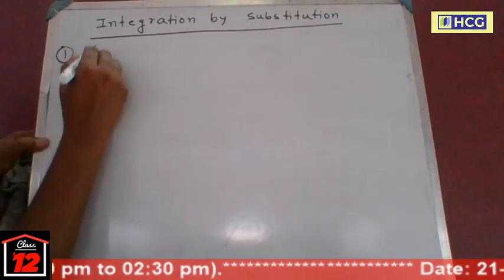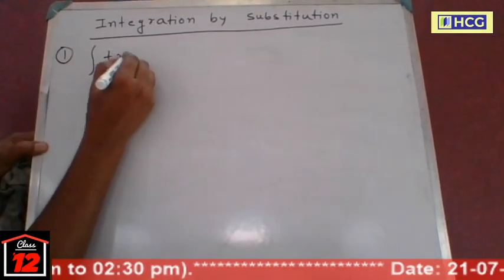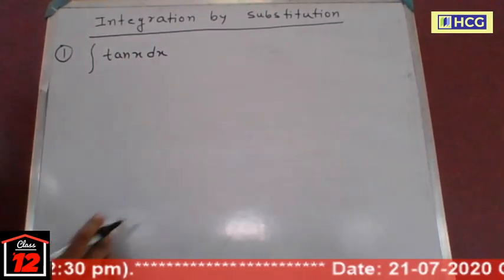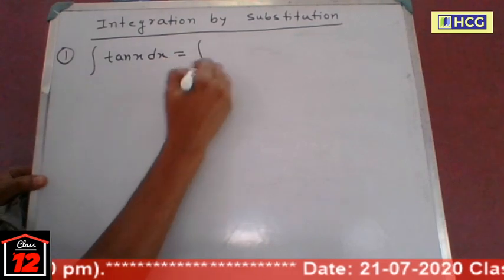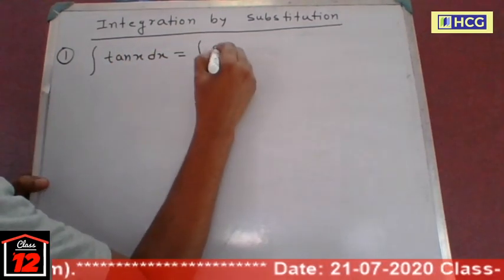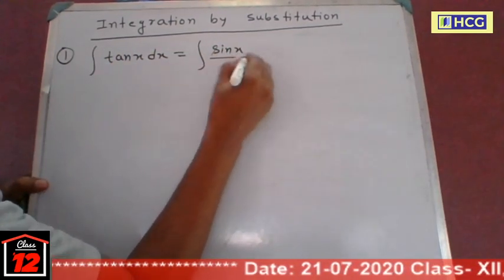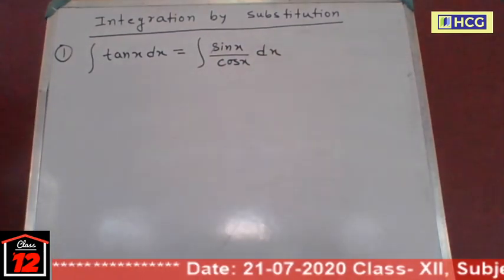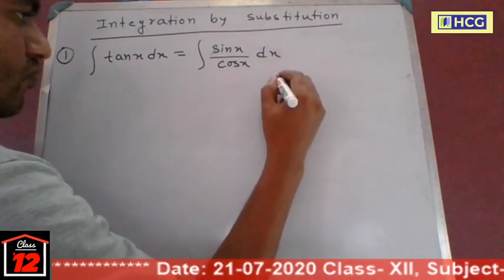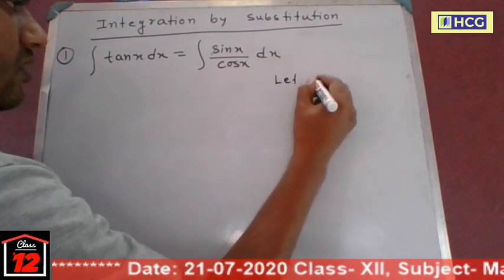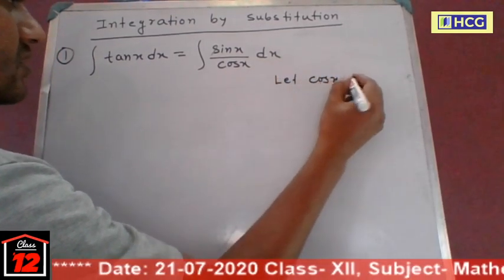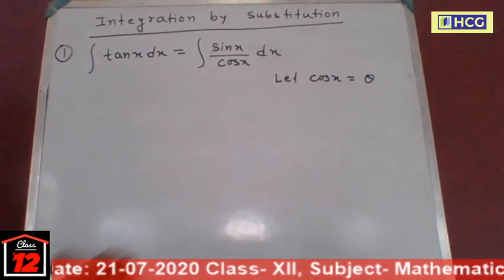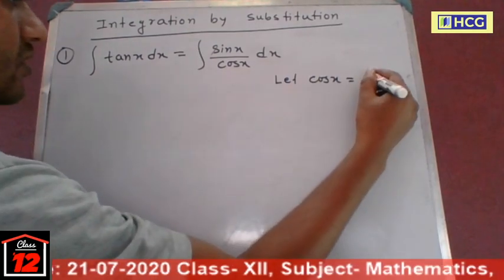First we do integration tan x dx. What is the value of integration tan x dx? We know tan x is equal to sin x by cos x into dx. Let cos x equal t.